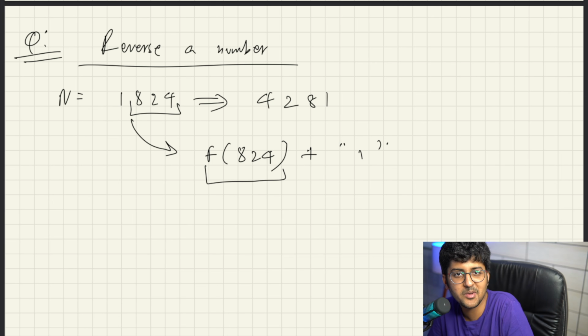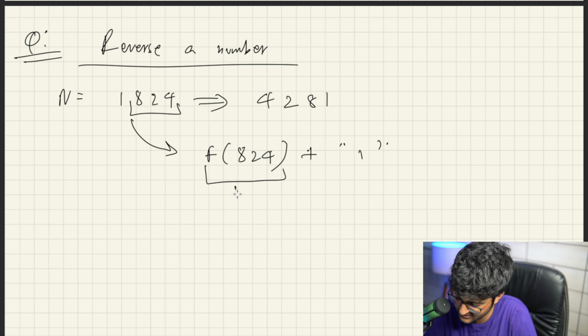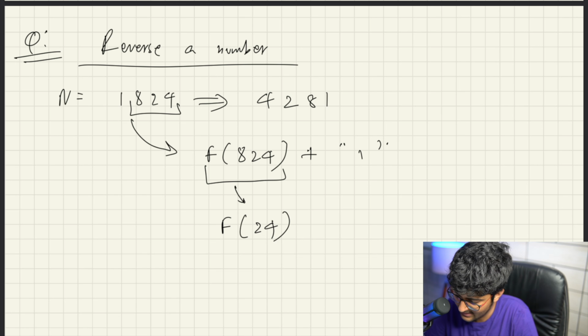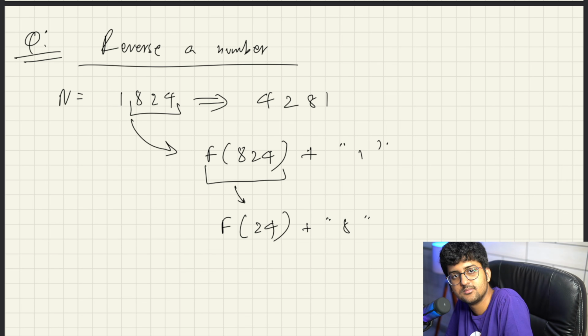Now this is the subproblem, and you can apply recursion here also. This can be converted to: try to reverse 24, and I will add 8 at the end, in the output.